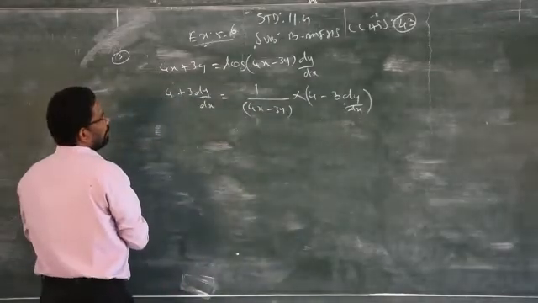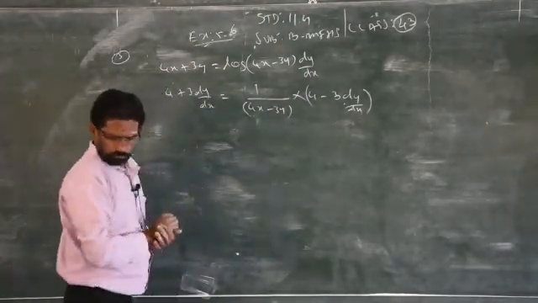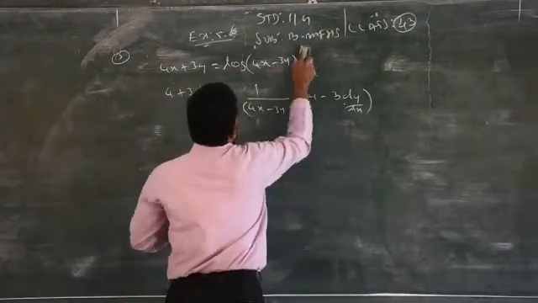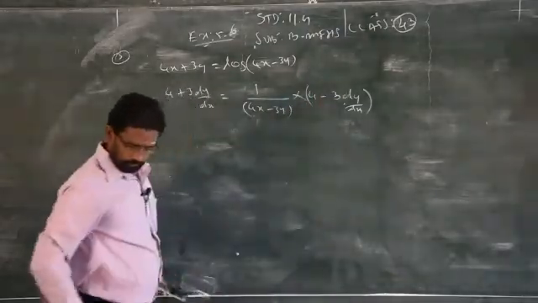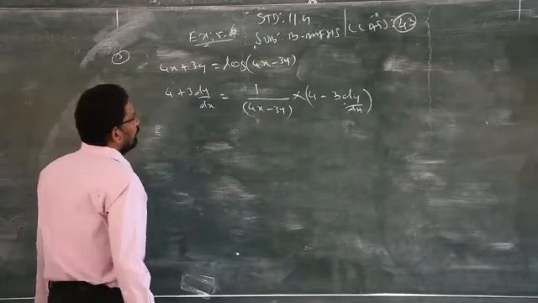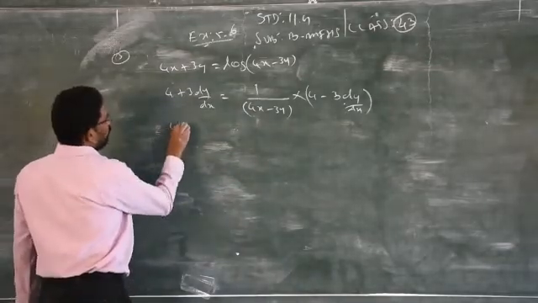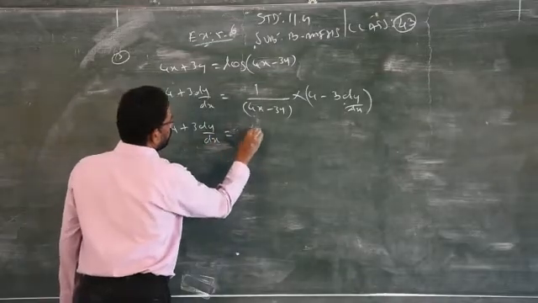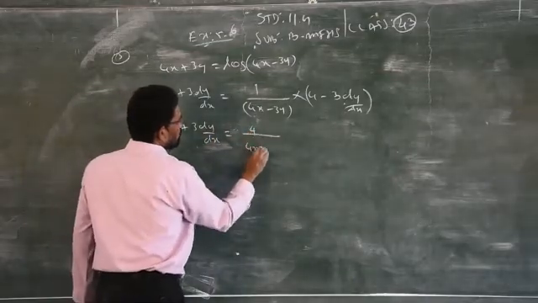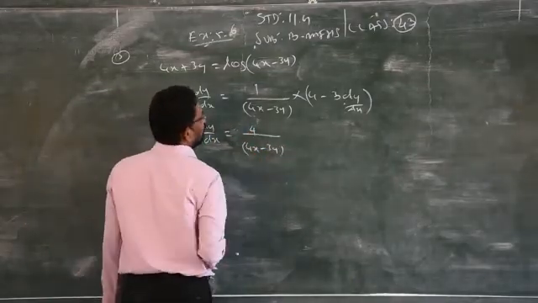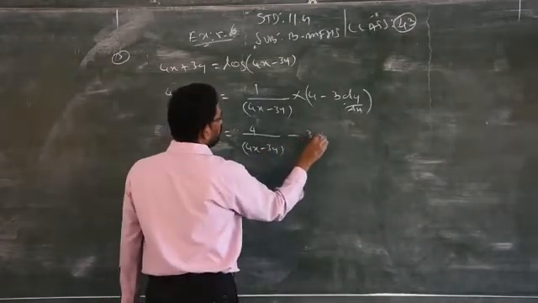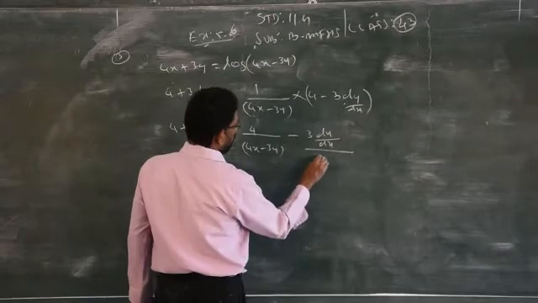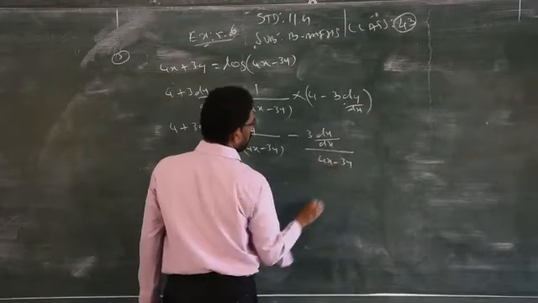Clear? Now you have to simplify: 4 plus 3 dy by dx is equal to 4 by 4x minus 3y minus 3 dy by dx by 4x minus 3y.